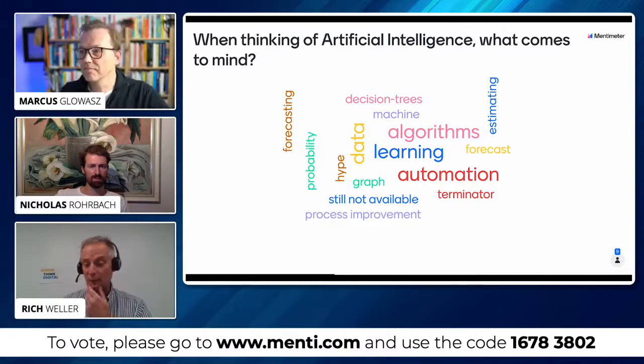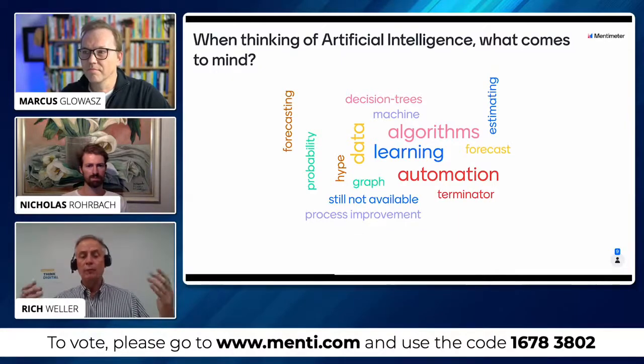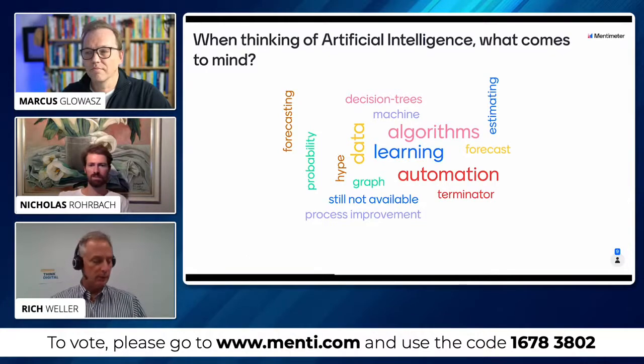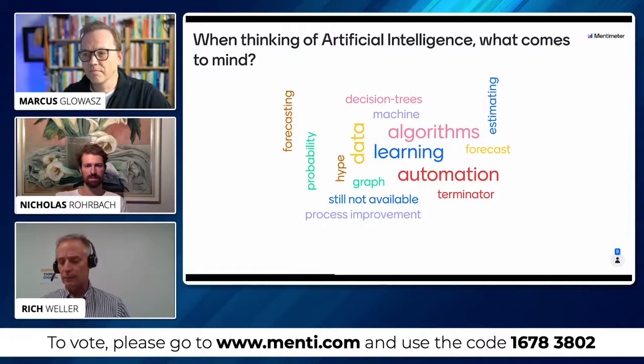But to be quite honest, in my mind, artificial intelligence is more of an umbrella term, very similar to the term agile. I know there are probably many folks on this call related to project management who understand agile, maybe even hold certifications in various aspects. But the term agile is an umbrella term, and I hear people say all the time, we would like to implement agile, and I say, well, what do you mean by that?